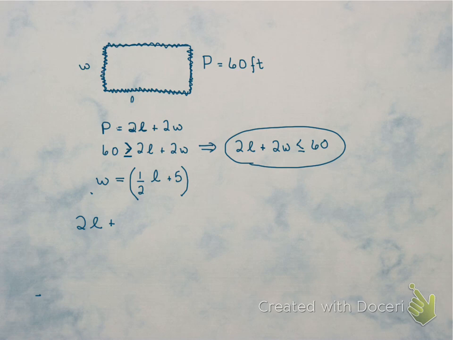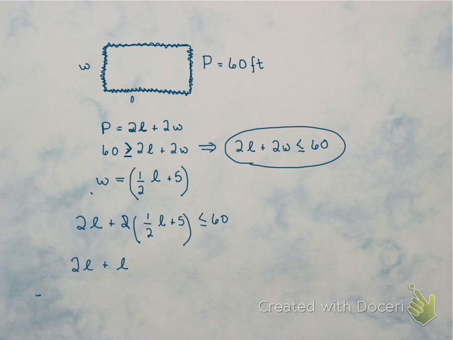So 2L plus the substitution of what W is equal to, and then we'll be able to solve the inequality. Now we are where we need to be. 2 times 1/2 is just 1, because the 2's are going to cancel.